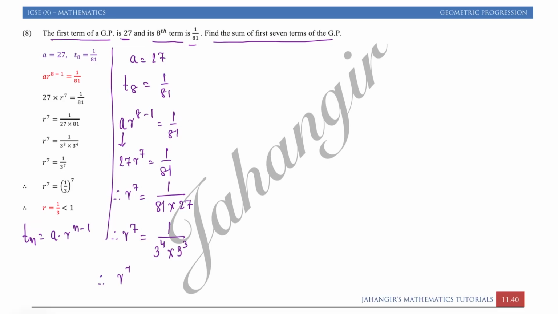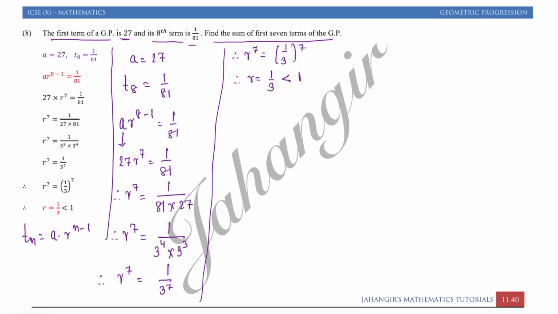So therefore R raised to 7 is equal to 1 upon 3 raised to 7. So this you can write as R raised to 7 is equal to 1 upon 3 raised to 7. So therefore R is equal to, sorry, here I have to write 1 upon 3. Since the power is equal, we can say R is 1 by 3, which is less than 1.